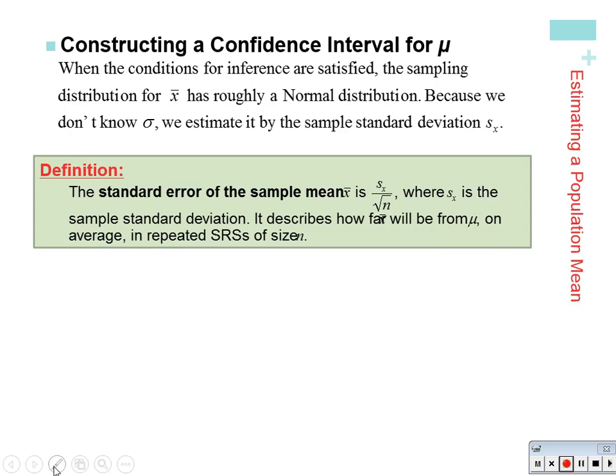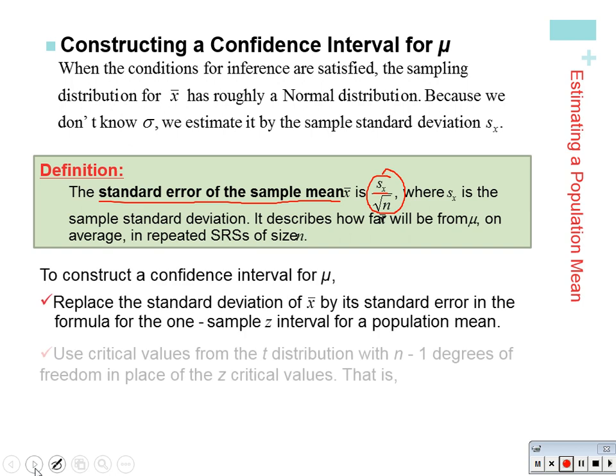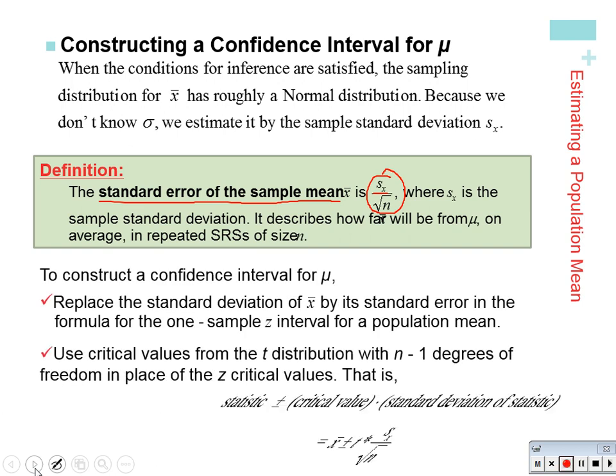So some other terminology similar to what we used before has to do with the standard error of the sample mean, and that's simply found by taking the sample standard deviation, which is what Sx refers to, over the square root of n. Anytime you're looking at something like that, that's what's known as the standard error.